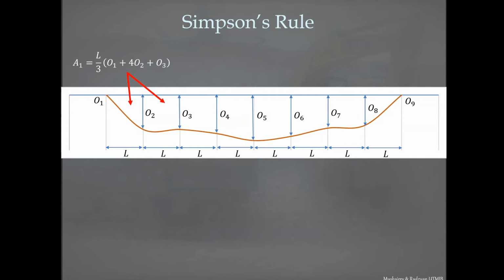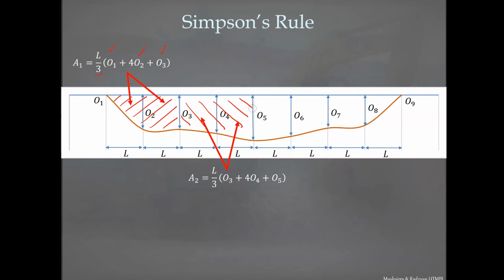Simpson says, using that formula, that the area of both of these strips is equal to a third of L multiplied by the sum of the first O1 and O3 and 4 times O2. So that's the Simpson rule. Similarly for the next area, we'll be looking at this one, the next two strips.